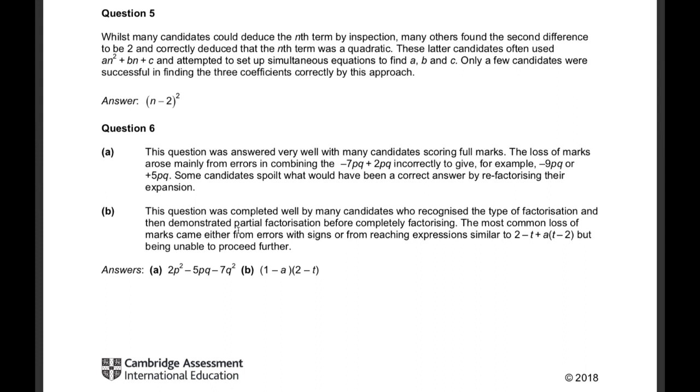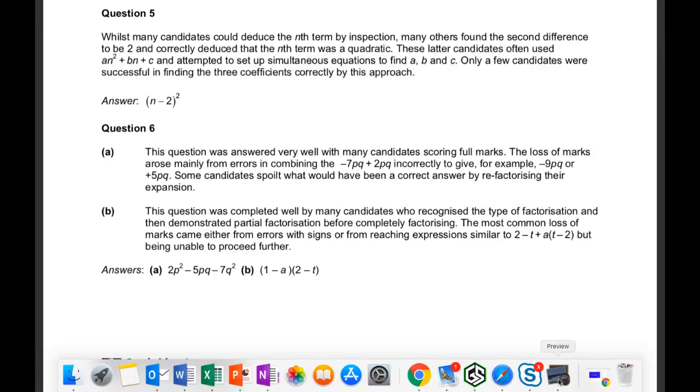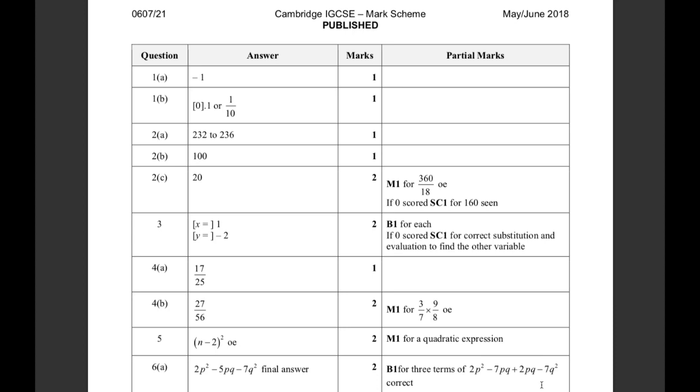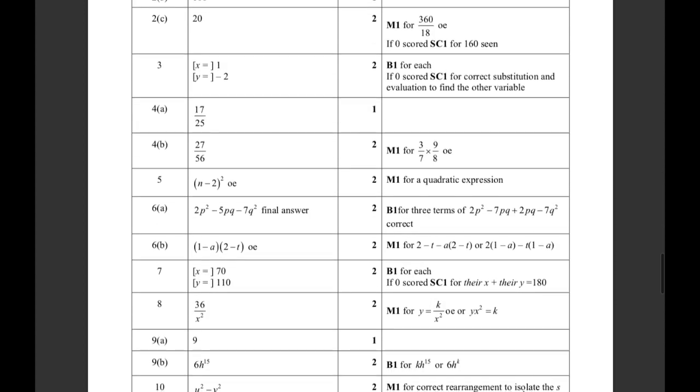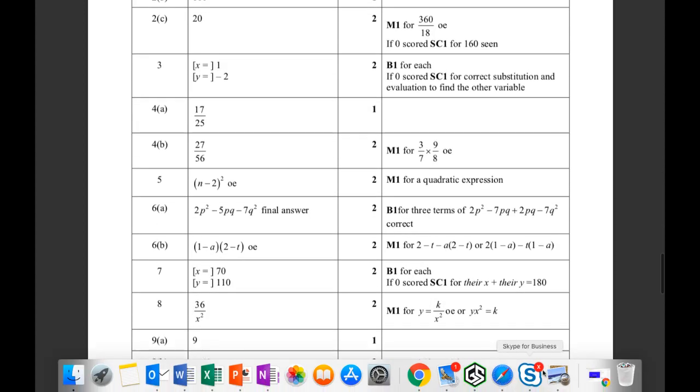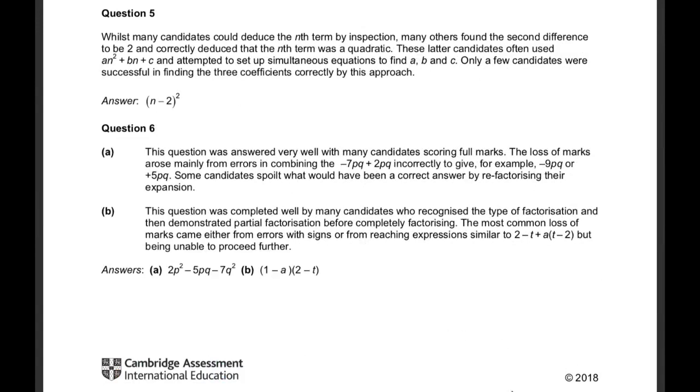Yeah, and a lot of candidates actually did recognise that partial factorisation. So well done these people that did this paper in 2018 last year. Well done them. Okay, and that's the mark scheme there. Let me drag it down slightly. Good.